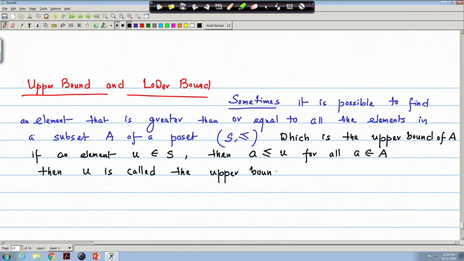And upper bound is not unique. There may be more than one element in the poset S where this property holds.